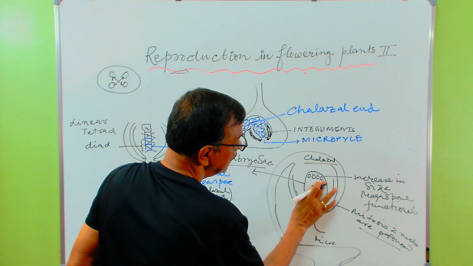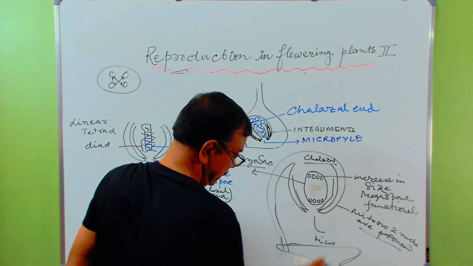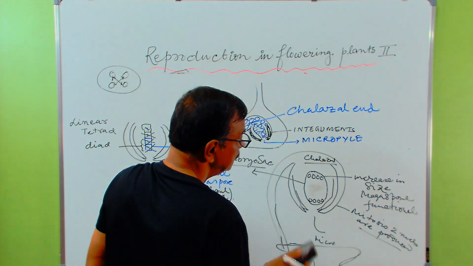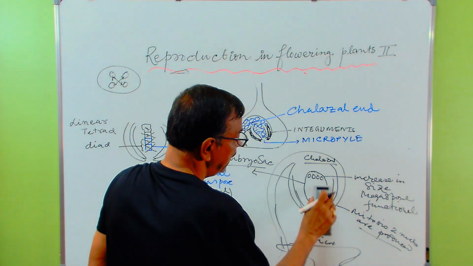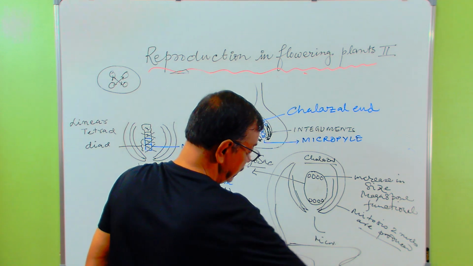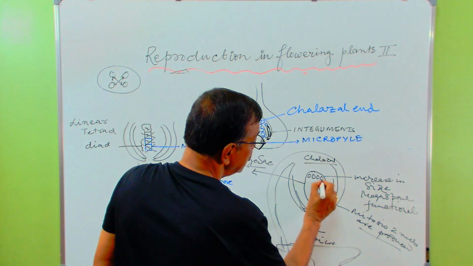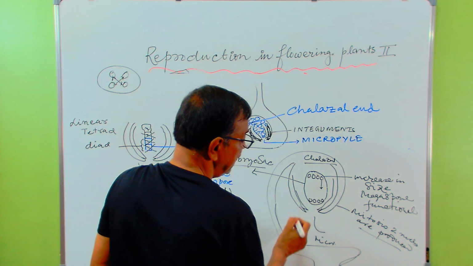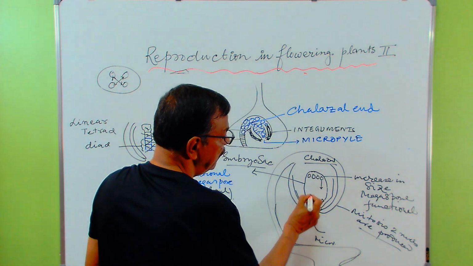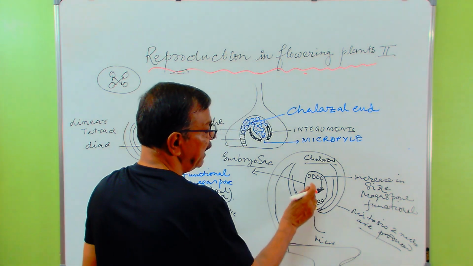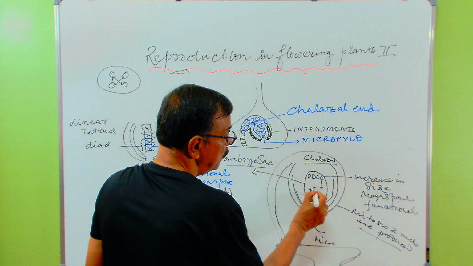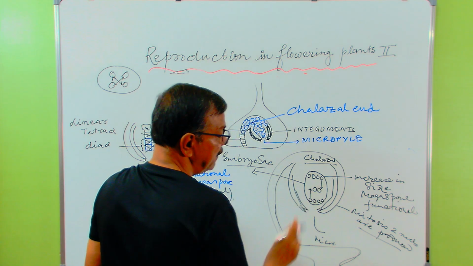So from the micropylar end, one nucleus will come to the middle of the embryo sac, and from the chalazal end, another nucleus will come here.